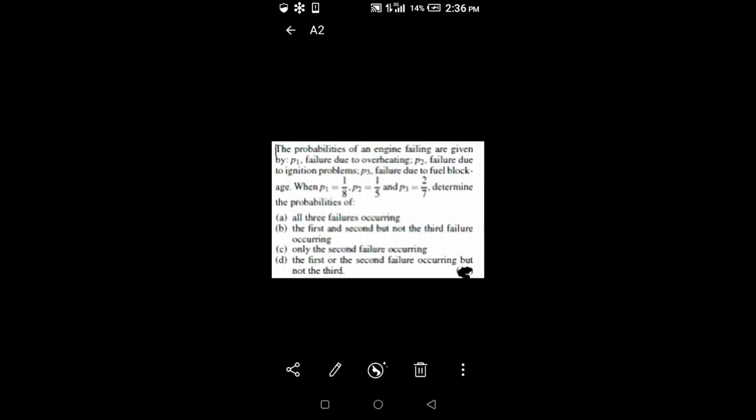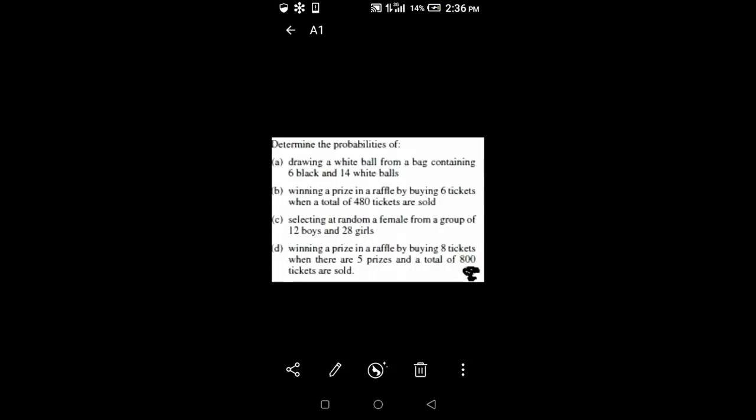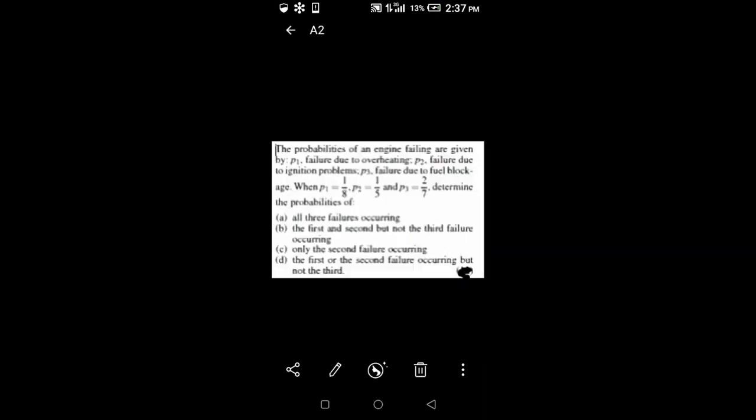Please, you can screenshot this, or if you are a fast writer, try to write it out. This is the second assignment, A2, while this is the first assignment.